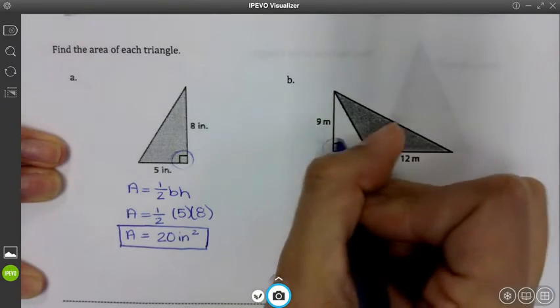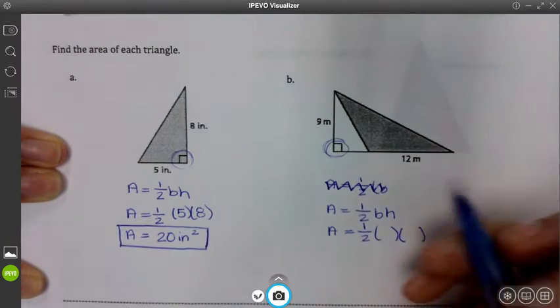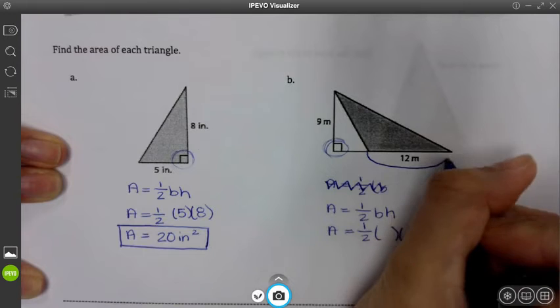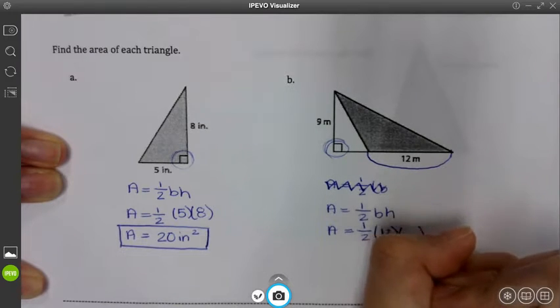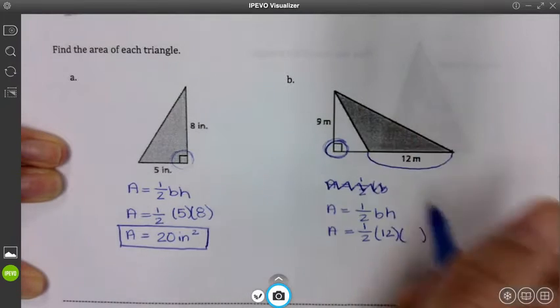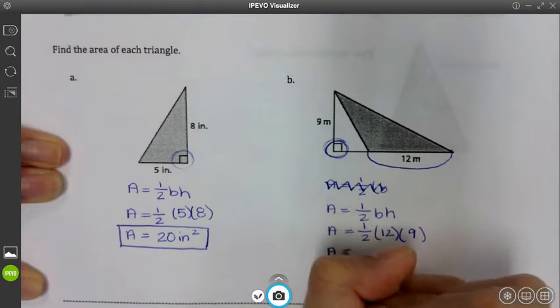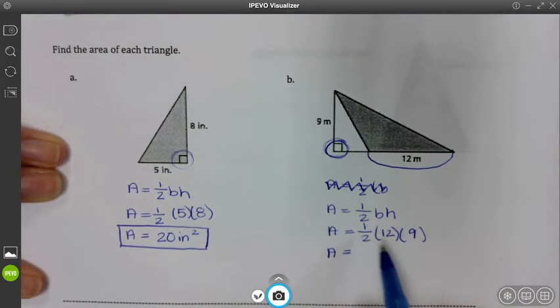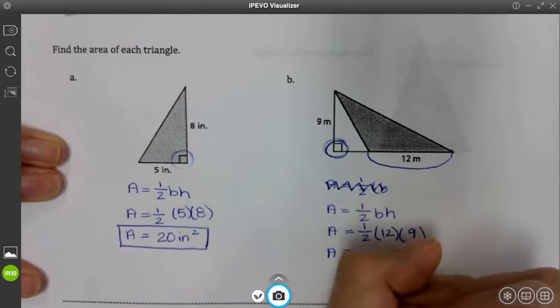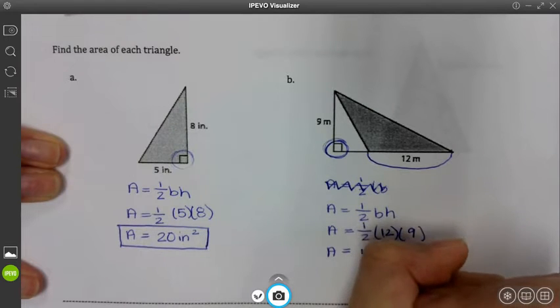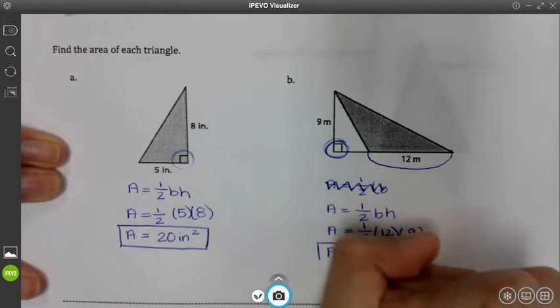We're looking for the right angle and the measurements that connect. So the base is going to be this piece, and the height that creates the right angle goes up to the tippy top and is 9. And you multiply in any order. I'm going to take half of 12, which is 6, times 9 is 54, and I label meters squared.